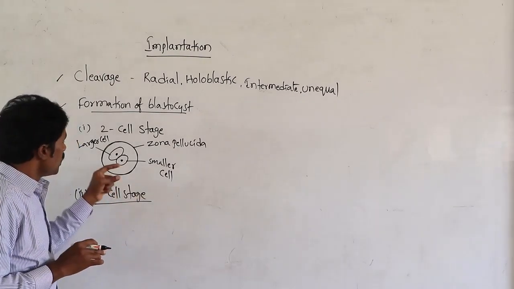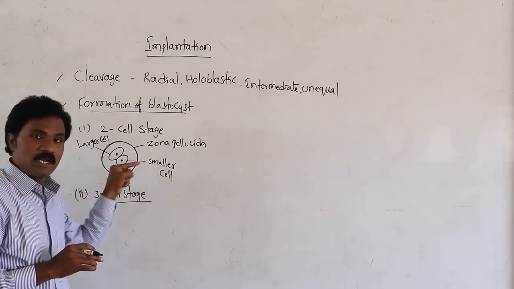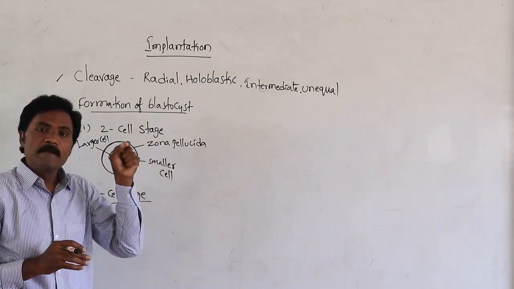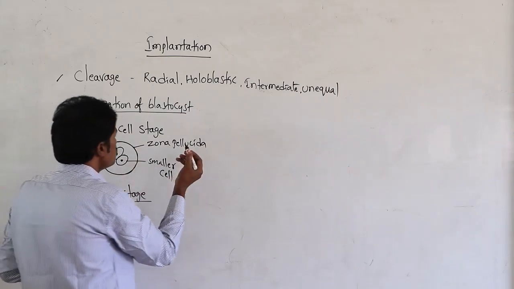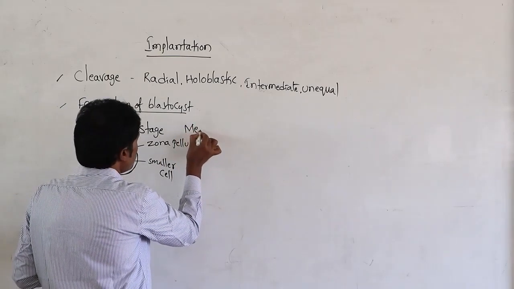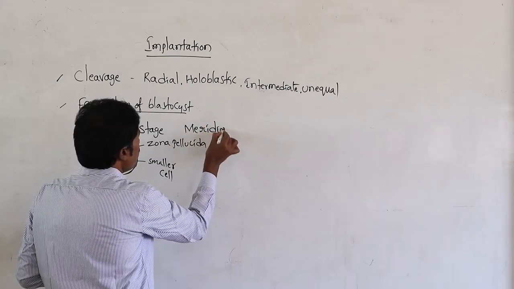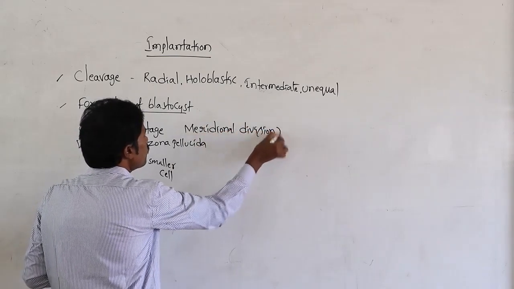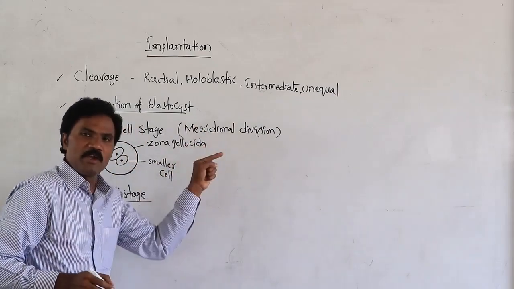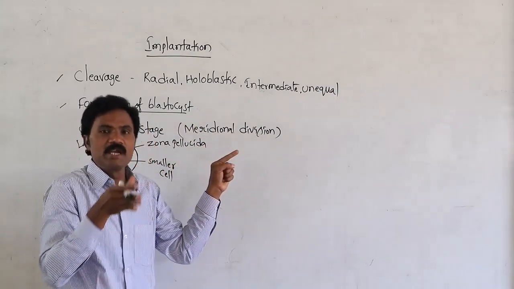What type of cell division takes place? It is meridional division. What is the meaning of meridional? This is the vertical division.